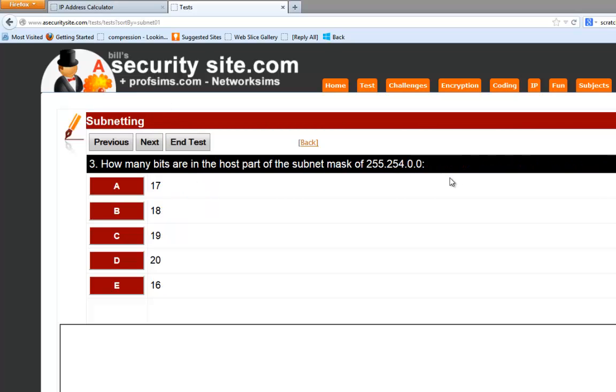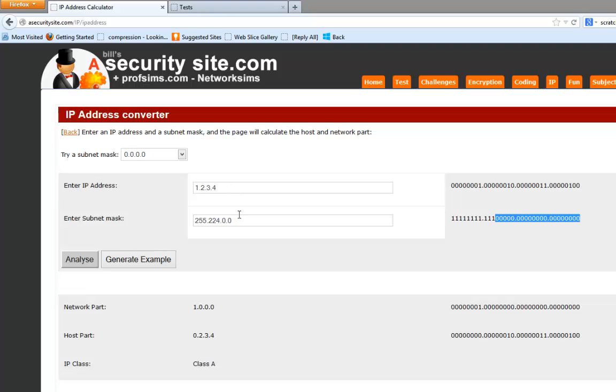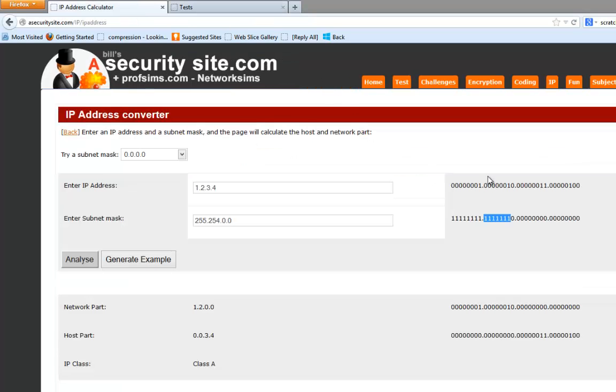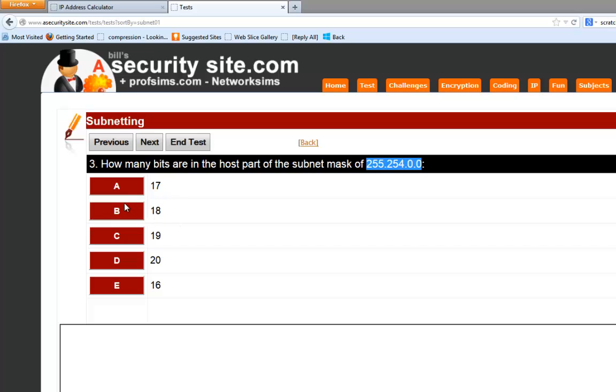Let's try another one. On this one we have 255, 254. You can see in this case we have 8 bits here and then 7 bits for the subnet mask. We're asked again for the host part, so that is 16, 17 bits.